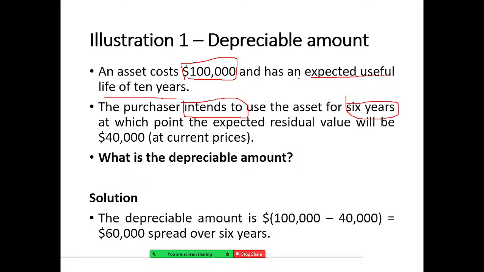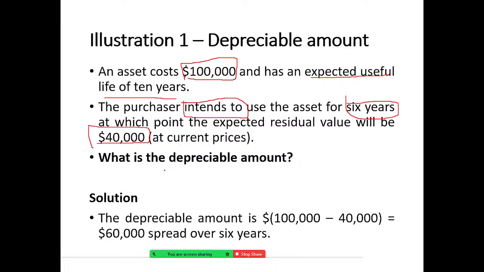Originally the useful life of the machine is 10 years. Anyhow, the management intends to use this asset for 6 years, at which the expected residual value will be 40,000. So at the end of the 6th year, the residual value is 40,000 at current prices.